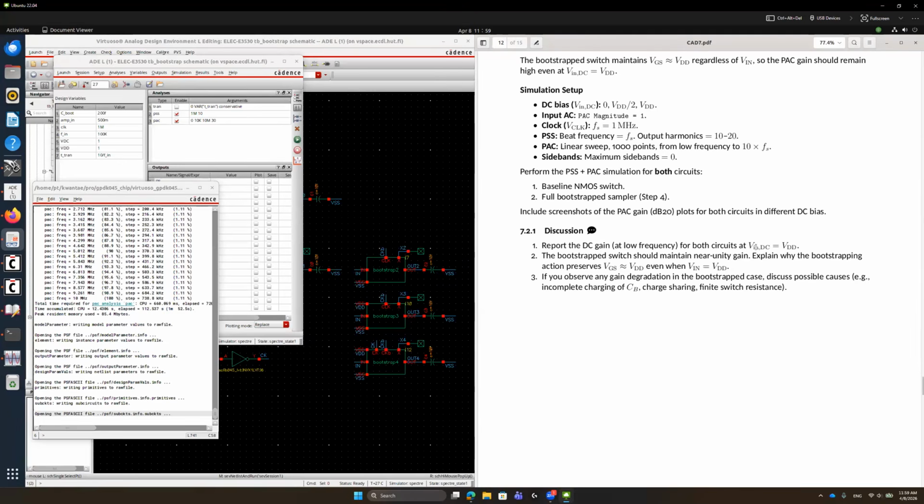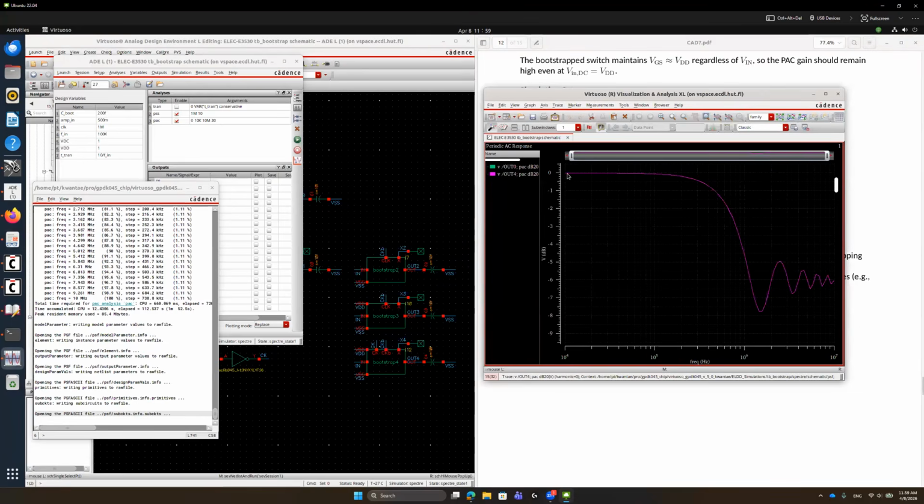Okay, and here we verified that when input DC is VDD, it should maintain near unity gain. Yeah, so here it shows DC gain is very close to unity gain, here only minus 7 millidB.